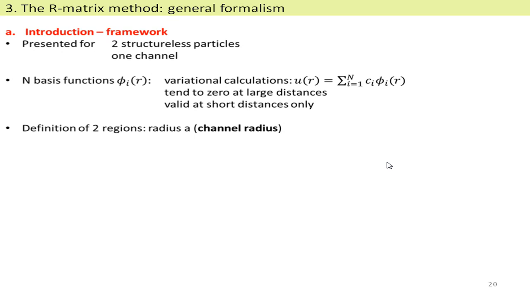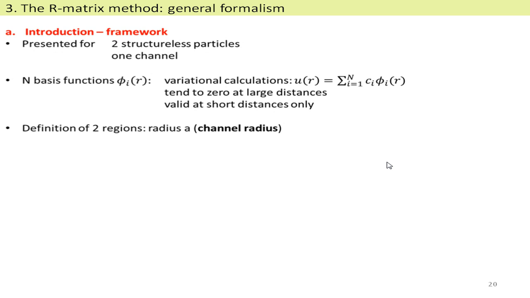But there is a problem for scattering states, because these basis functions phi should tend to 0 at large distances, because you must be able to define integrals with this function phi.